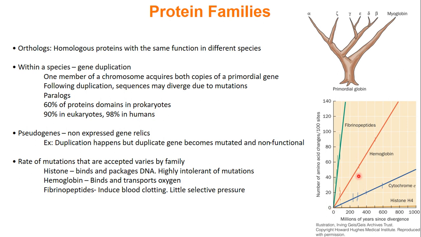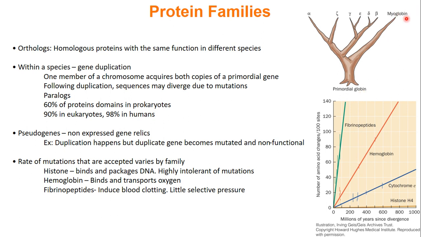If we look at hemoglobin, though, which binds and transports oxygen, it can actually have mutations. It has some tolerance for mutations. Scientists have made a tree to show how the globin family has evolved over the years. Globins carry oxygen.